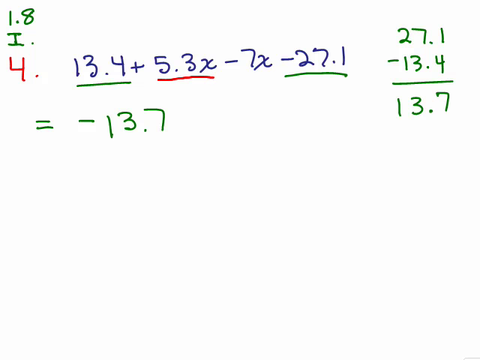And then we have to add these 2 like terms. I have a 5.3x and a negative 7x. And again, I've got more negatives than positive, so I have to do my subtraction. But remember to write the decimal point, 7.0, so you could line up that with a 5.3 and subtract, and that's 1.7. So this is negative 1.7x.